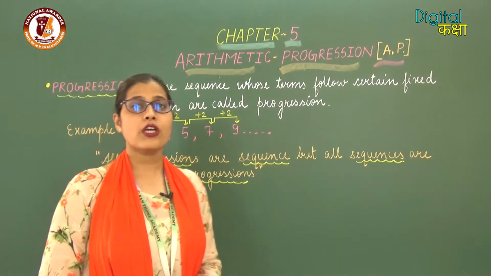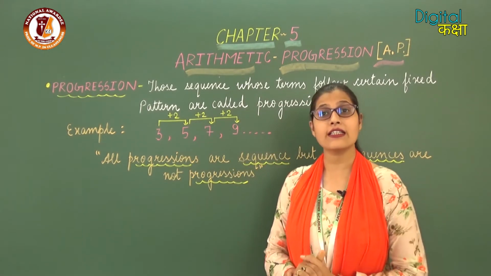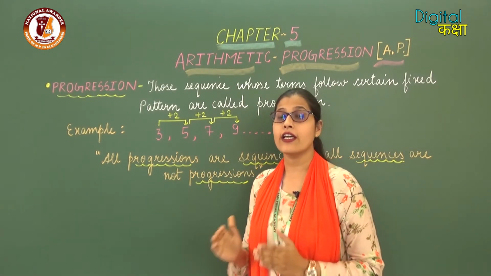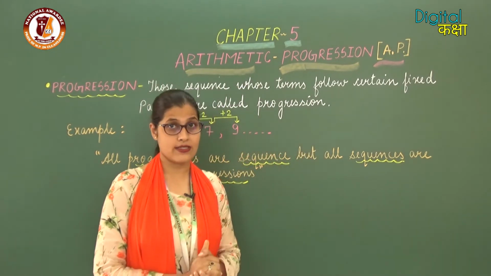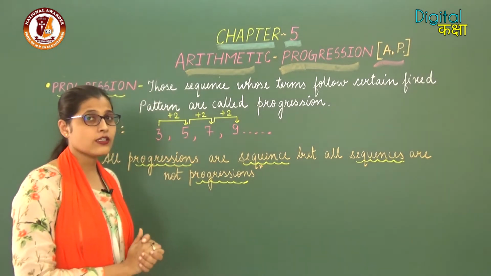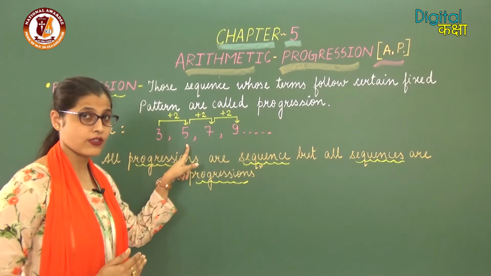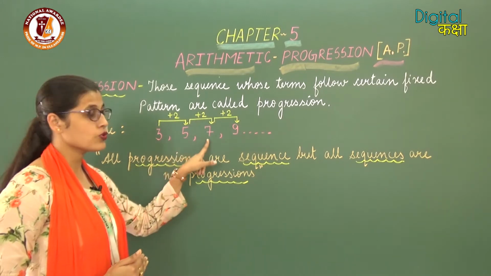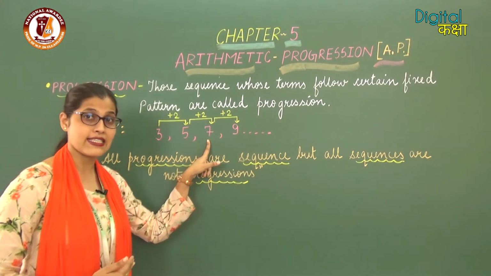Now here we are not following any definite rule as we have seen in the sequence. There we were squaring the numbers and getting the sequence. But here you can see something common. When we add 2 to the number 3, we get 5. When we add 2 to 5, we get the next term of the progression as 7.